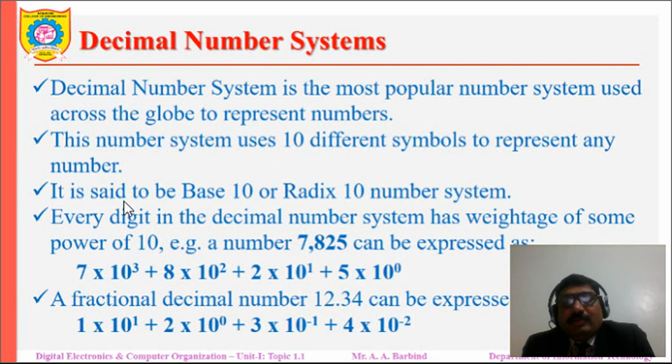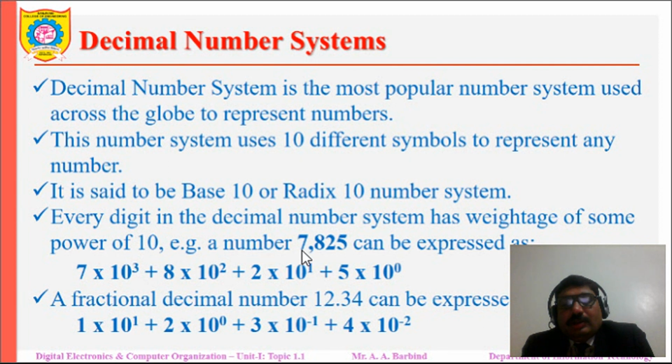This decimal number system is said to be base 10 or radix 10 number system because there are 10 different symbols in this number system. Every digit in the number system has the weightage of some power of 10.